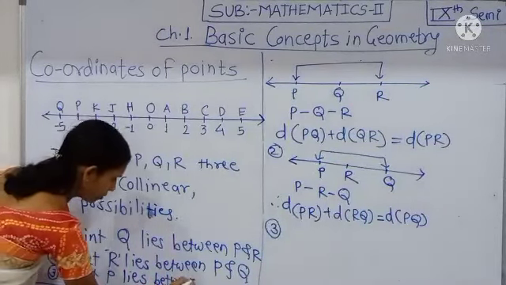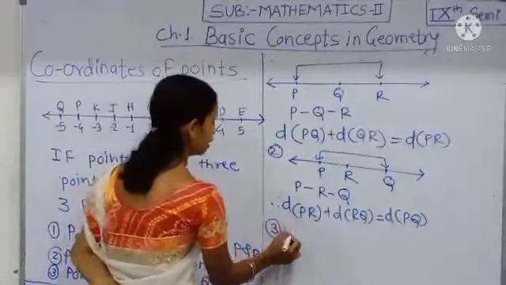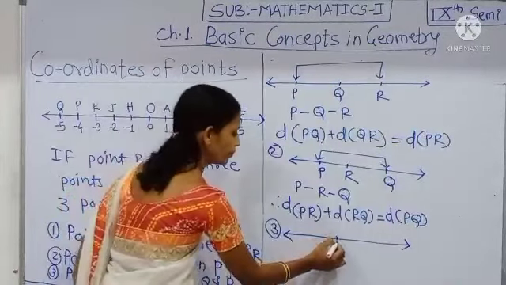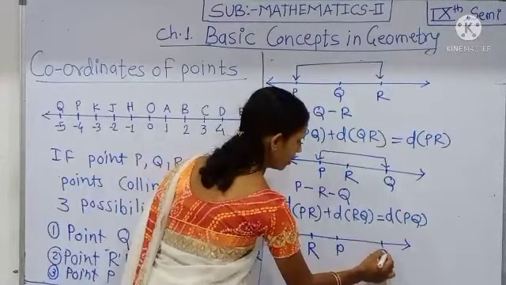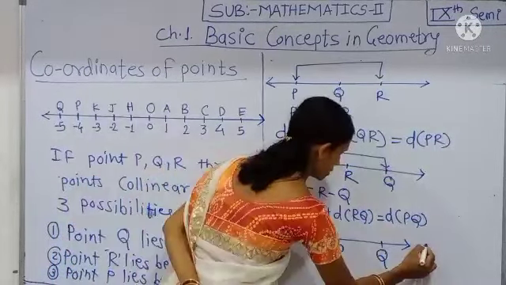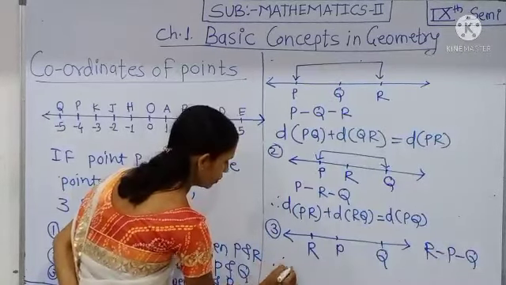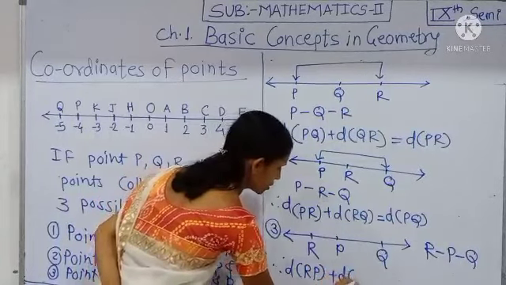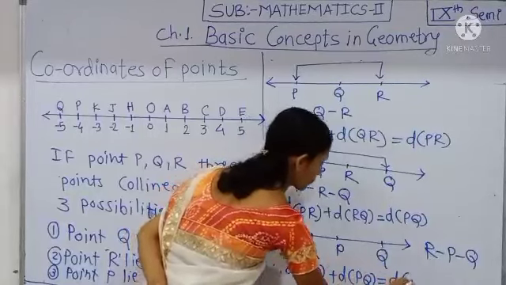And one more possibility, the third one: if point P lies between Q and R, then see here, the point P lies between R and Q. Therefore, it is written like this, R-P-Q, and therefore the distance between RP plus the distance between PQ is equal to the distance between QR.